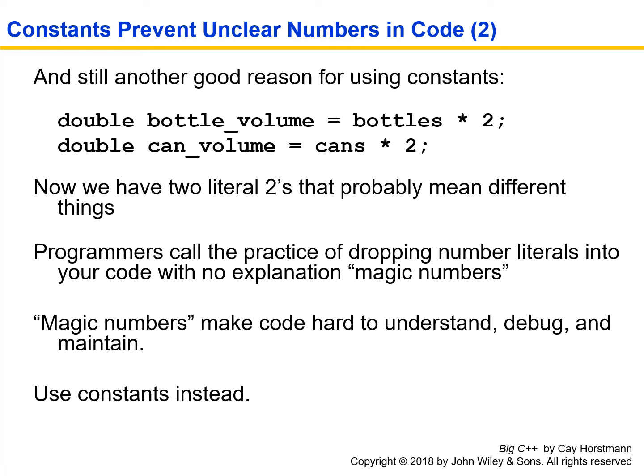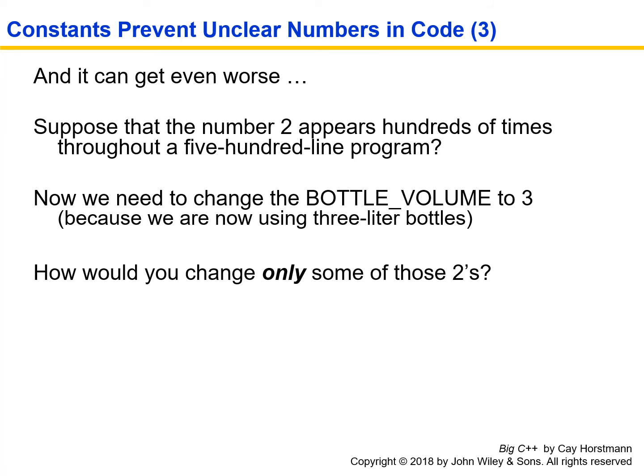For somebody who's never read it before, they make it hard to debug, because you might go back through here and say, okay, what was I thinking? Why is there a 2 there? And it's much harder to maintain, because suppose that the number 2 appears hundreds of times through your program, which is quite possible, because you have things where you are doubling the number of things, and you have other things where the volume is 2, so you need to change every place where 2 is being used as a bottle volume to 3.